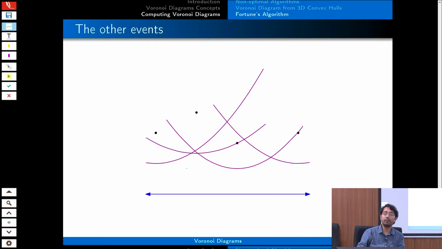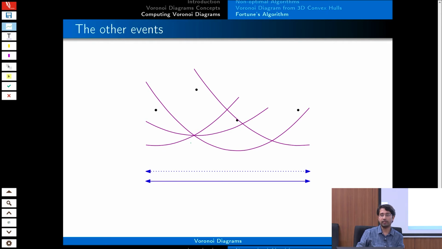What are the other event points? Is there any other event point? So, one is the site point, when the sweep line reaches a site point. Is there any other? Once a parabola is introduced, is it going to stay in the beach line forever? At some point the parabolas will vanish, because the distance from that point will be too much from the sweep line.